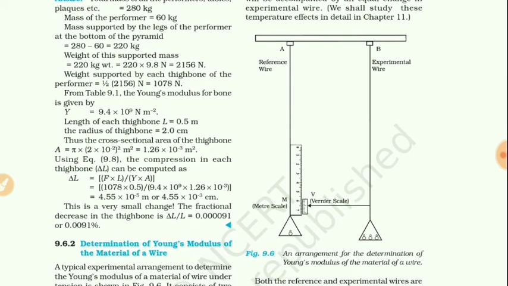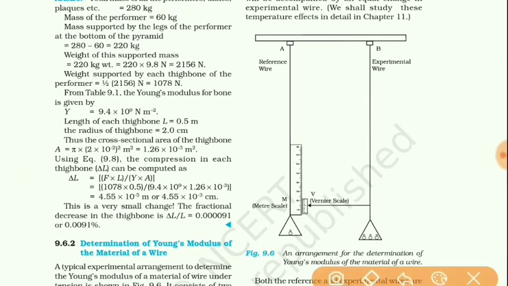You can see here in this figure that the experimental arrangement is shown. Here at point A, this wire is suspended simply to measure the change in length of this test wire.